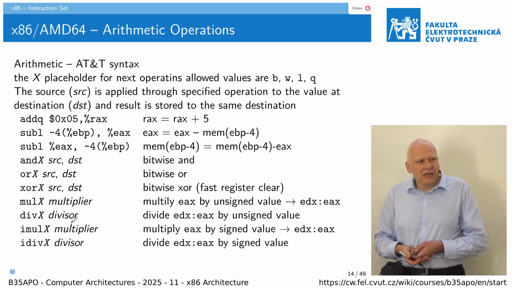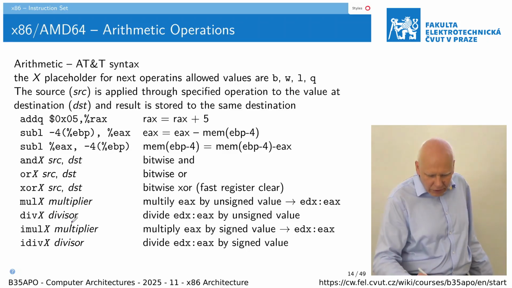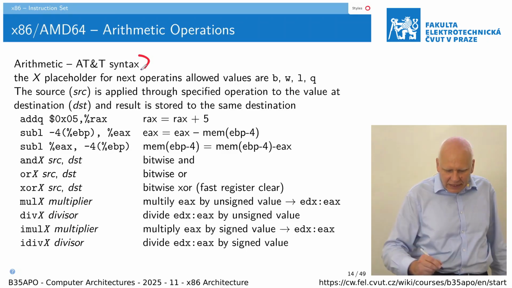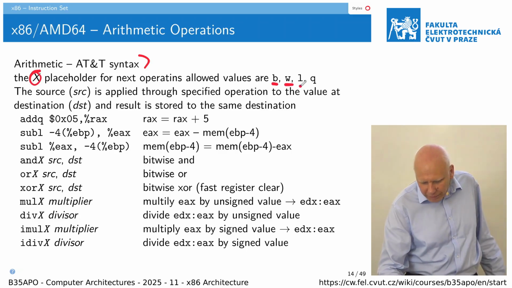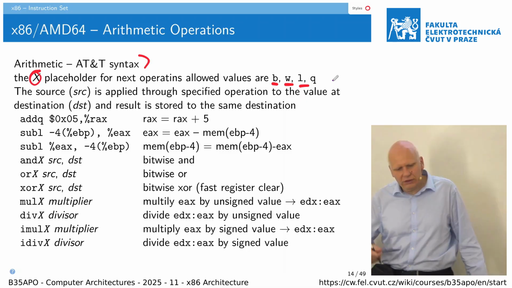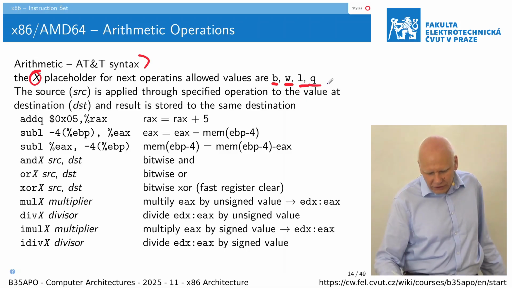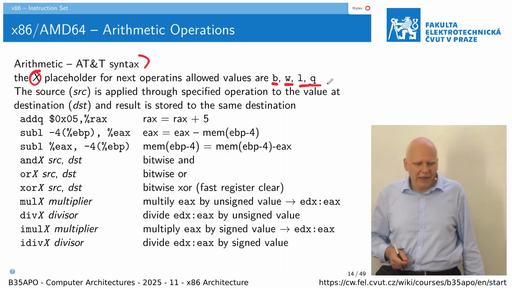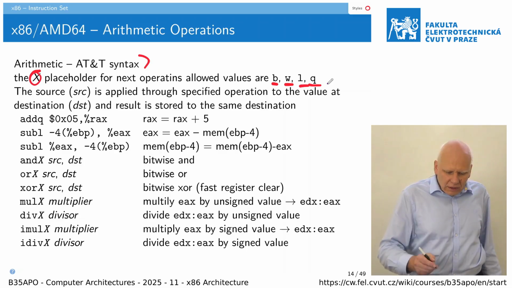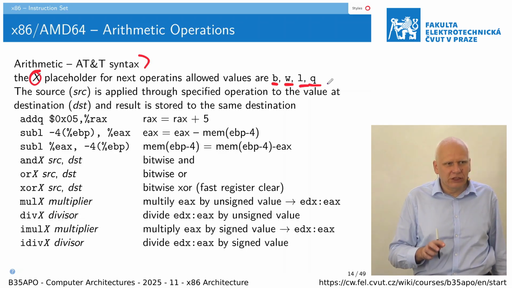If you look at the arithmetic and logic operations and syntax, then we look at AT&T syntax in this case, and x is a placeholder for the width of the operation. So it can be byte, word, 16-bit, long, 32-bit, or quad word, which is a 64-bit operation. And the instruction has only two operands which can be defined, so encoded into the instruction.